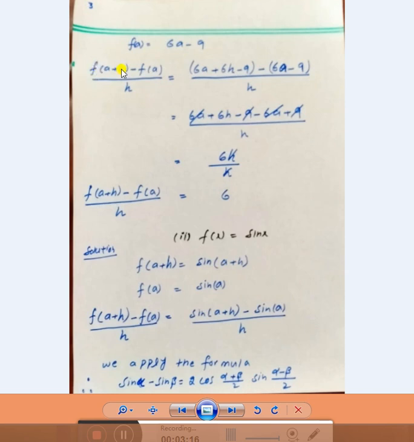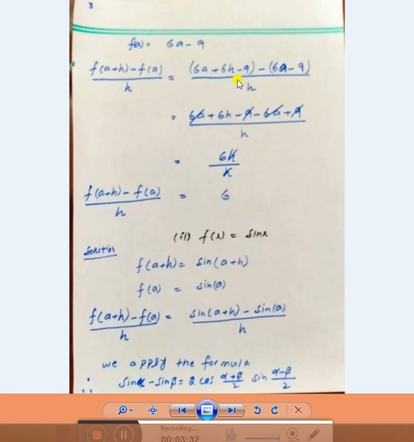So [f(a + h) − f(a)]/h is equal to: this is the value of f(a + h), 6a + 6h − 9, minus, as it is, the value of f(a), that is 6a − 9, divided by h.